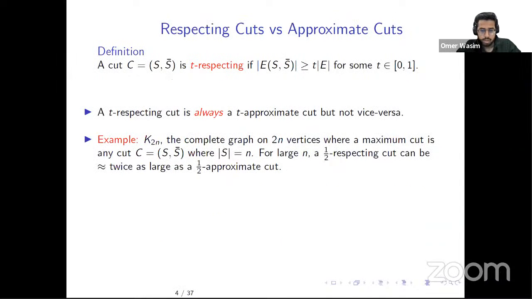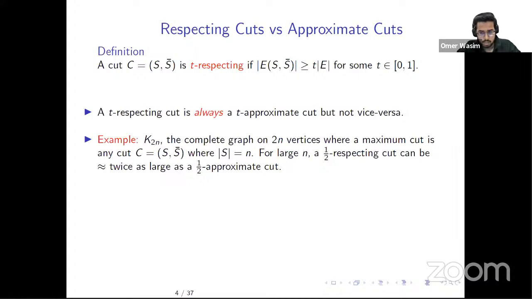I would like to make a distinction here between respecting cuts and approximate cuts, since all algorithms in this paper actually obtain respecting cuts. We say that a cut is T respecting if the number of cut edges is a T fraction of the total number of edges.